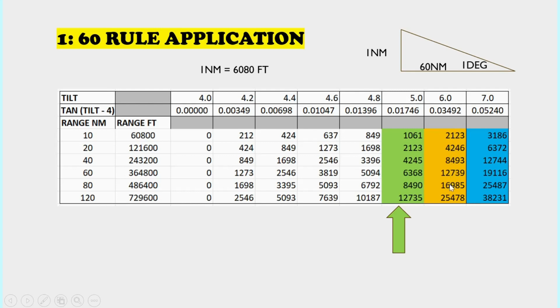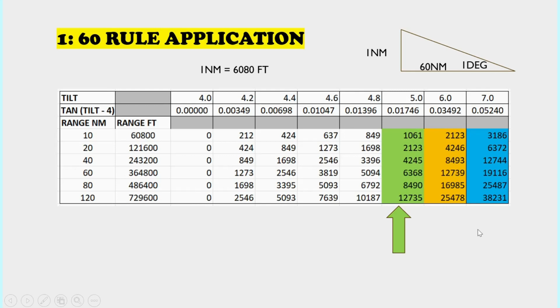If you go up by 7 degrees, when you turn the knob to 7 degrees, how many degrees are you tilting above the cloud top? It will be 3 degrees, because 7 minus 4 is 3. So you multiply all these numbers approximately by 3, and you'll get approximate numbers here. So these clearly show the 1 in 60 rule application.